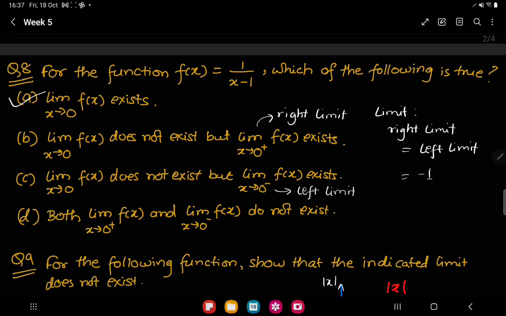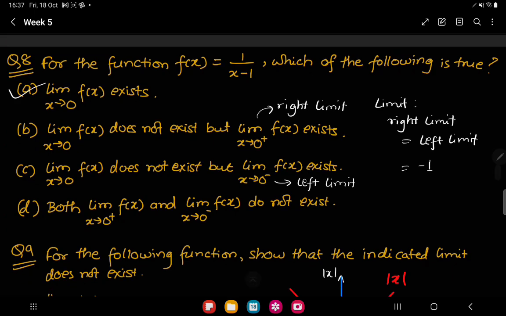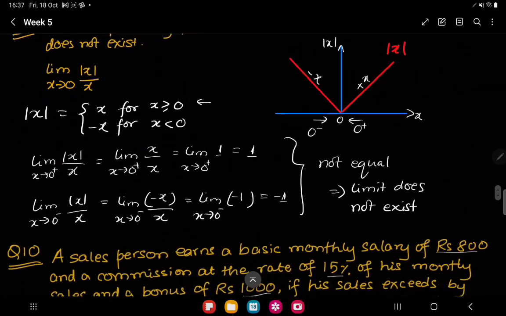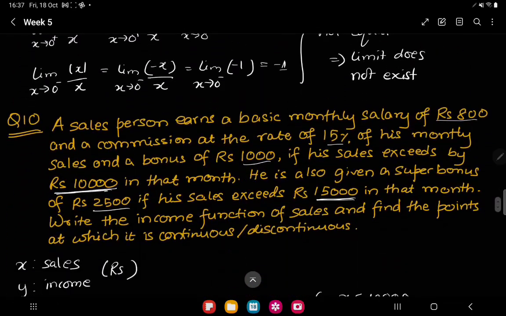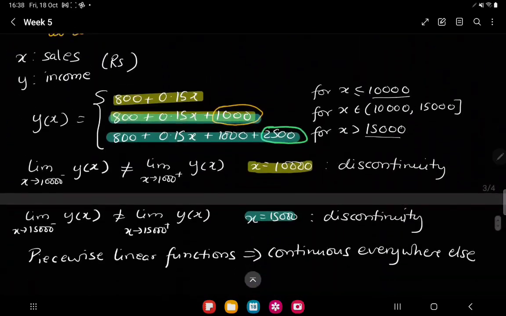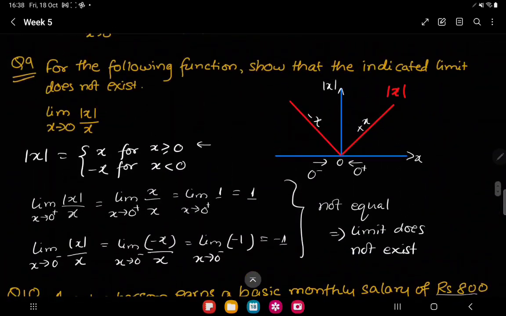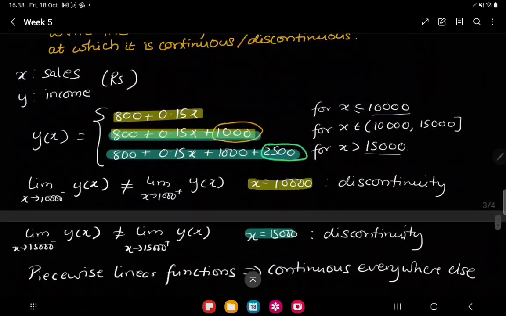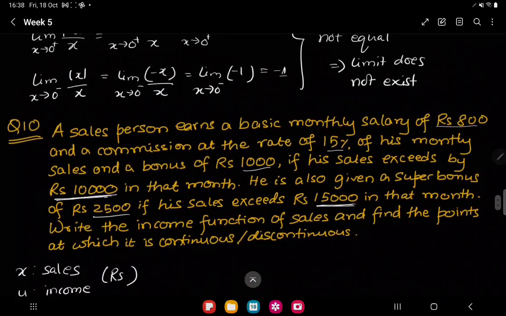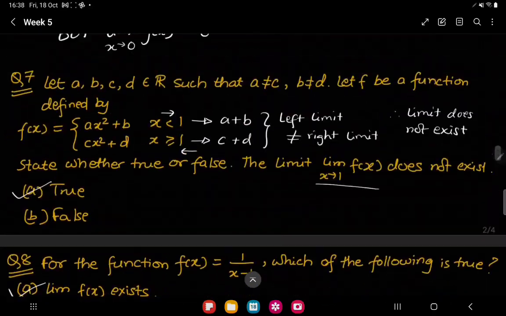So for a limit to exist, both the left hand limit and right hand limit should exist and should be equal, and that value is actually the value of the limit. Then we saw piecewise definition of functions, and one simple example is this mod x function. Okay, so that was about week 5.